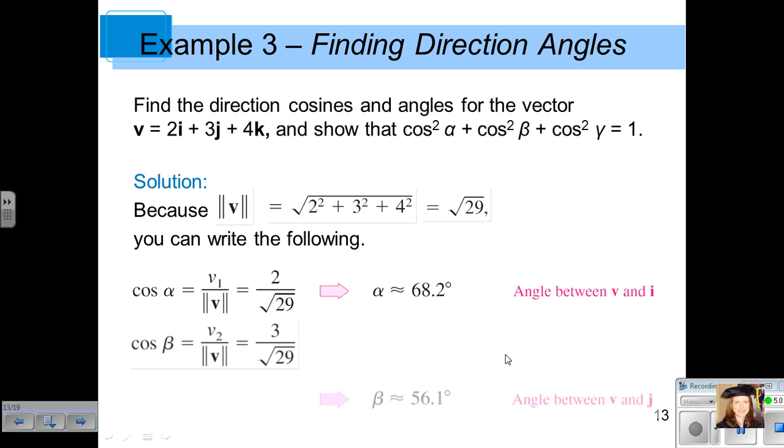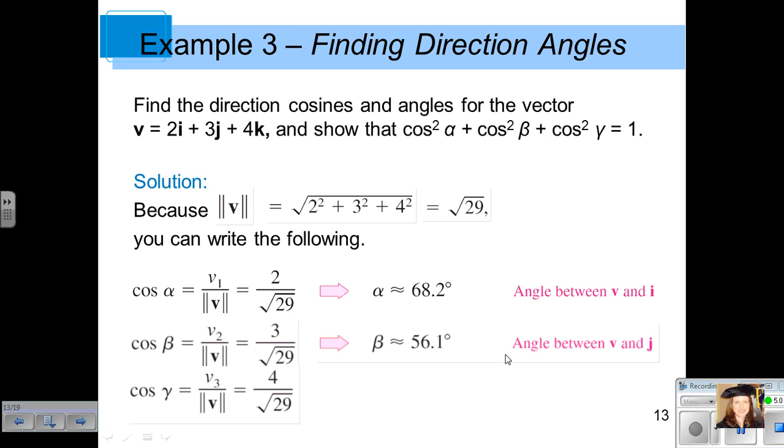And again, using the inverse cosine, you can find that beta is approximately 56.1 degrees. And cosine gamma is the third component, 4, divided by its magnitude. Using the inverse cosine, we find gamma is approximately 42 degrees. Now you can go ahead and make these substitutions for cosine alpha, cosine beta, and cosine gamma, and confirm that this does indeed equal 1.